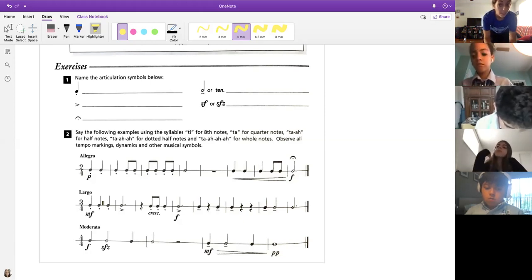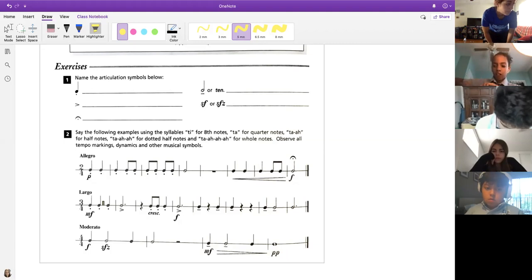But now if I did it staccato, they're going to be short and separated. See how there's so much space between them? Now if I wanted to accent them, I would just give them a little more force. All right? So that's kind of the idea behind those.